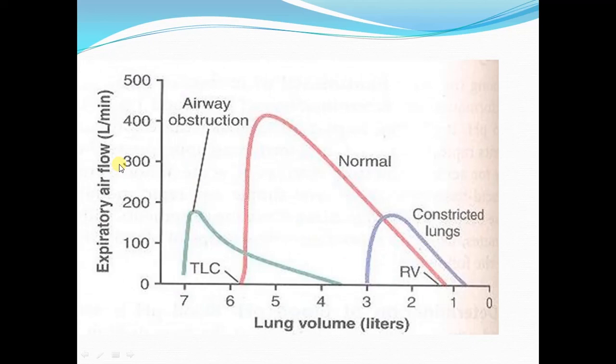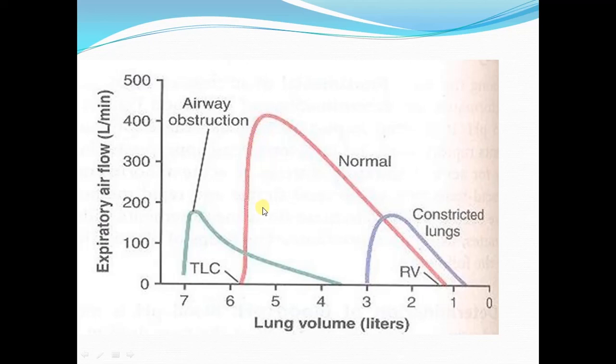Now this slide shows us the comparison of the peak expiratory flow rate in a normal person and in patients of obstructive and restrictive lung diseases. Constricted lungs mean restrictive lung disease. So in a normal person, as we saw in the previous slide, it is 400 liters per minute.